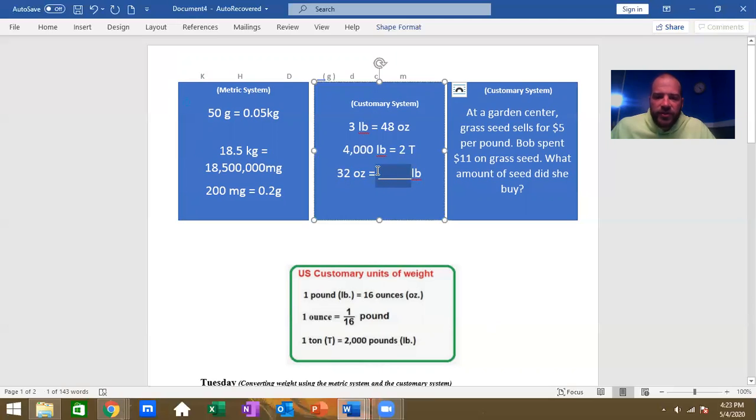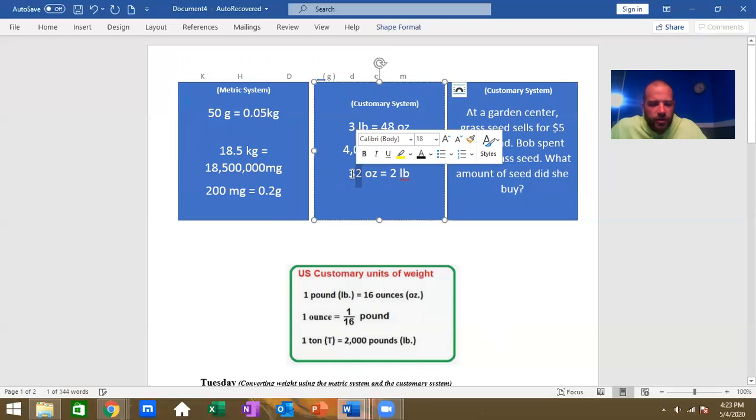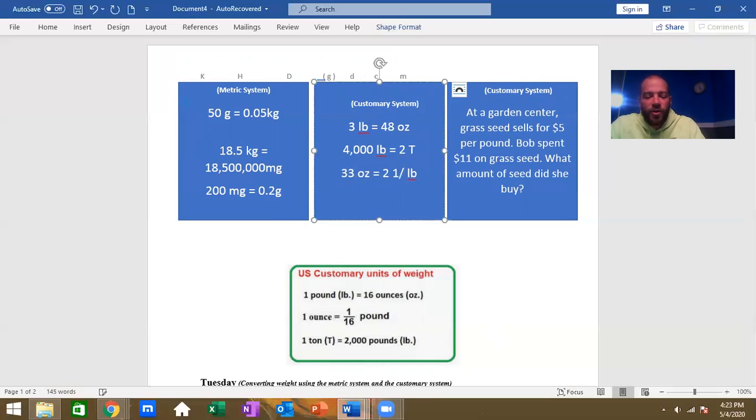So how many 16s are in 32? 2. So what we're doing on those is dividing. If it's not perfect, let's say it was 33 ounces. Instead of saying 2 pounds, you have 2 and 1/16 of a pound, because 2 pounds is 32 ounces, and then you have 1 left over, 1/16 of a pound. It's kind of like saying 2 remainder 1. Well, it takes 16, so your denominator is just 16.